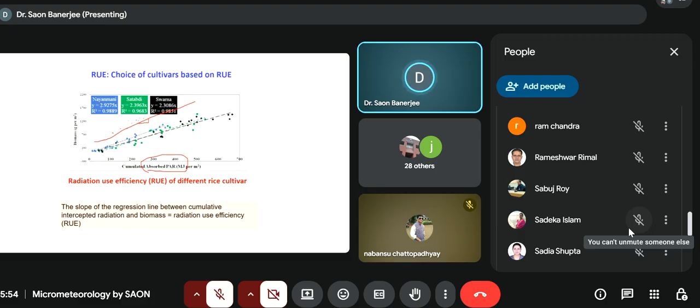Now this m, or slope, will be the radiation use efficiency. So for that, what is the cultivar? Here radiation use efficiency is highest for this cultivar. So we can utilize this to get the best use of radiation. This type of work you can do with the help of this type of micrometeorological study.